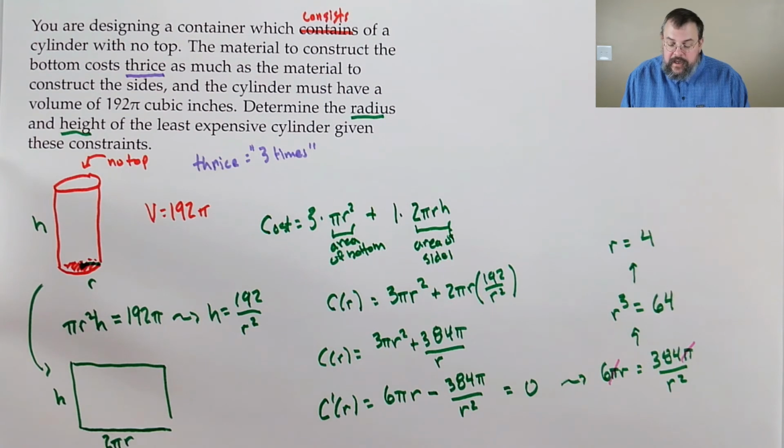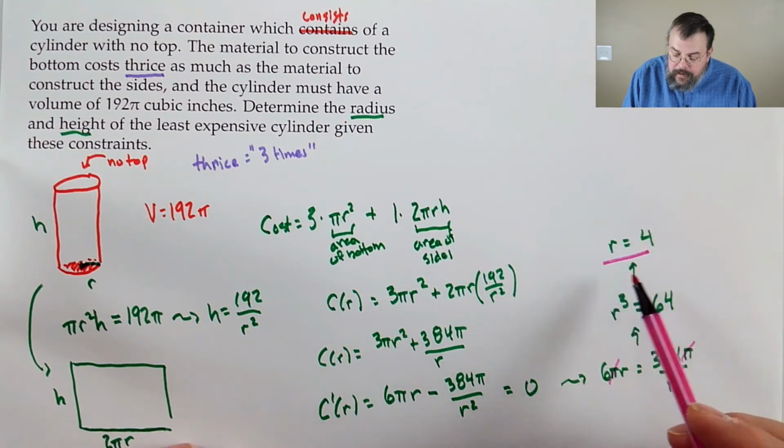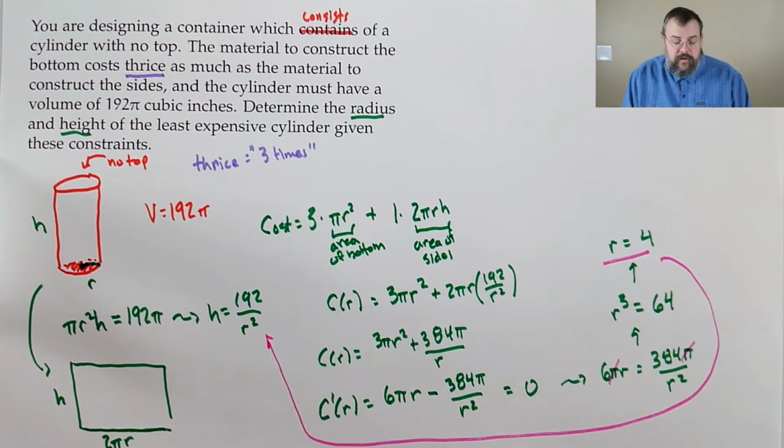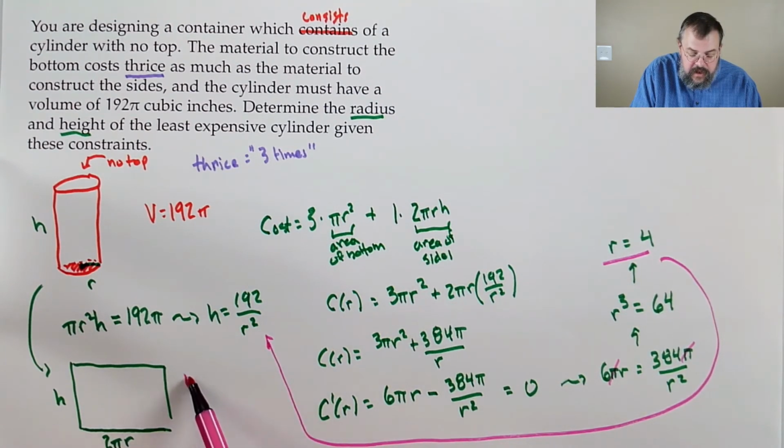Okay, how do we get h? Well, to get h, we're going to take this information about r here, and we're going to go all the way back to there. And that tells us what h is in terms of r. So we get that h is 192 divided by 16.